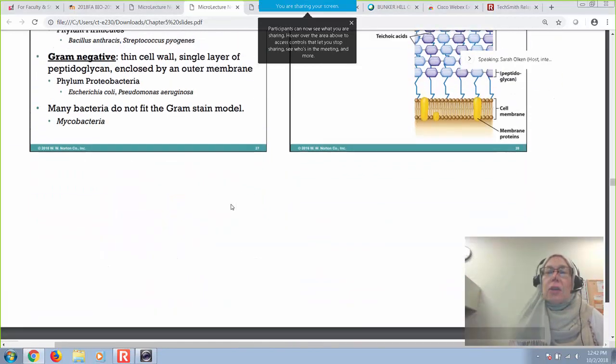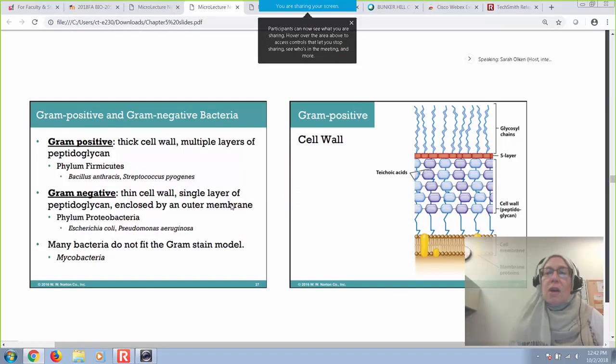If we look back at the gram-positive cell wall on the right of the screen here, you can see it has its many layers. Might even have, not in all cases, but in many cases, an S layer with some sugar chains protruding out from the last layer of peptidoglycan.